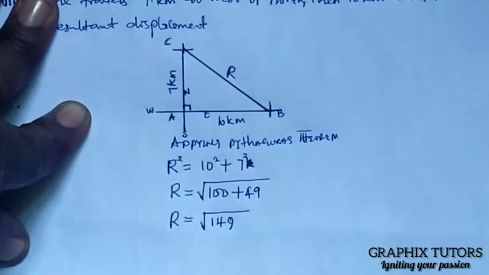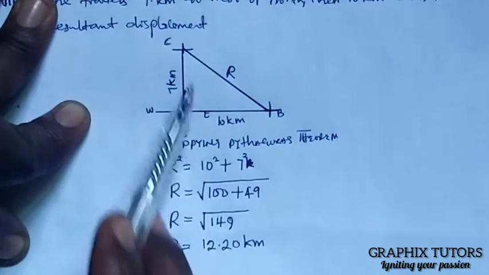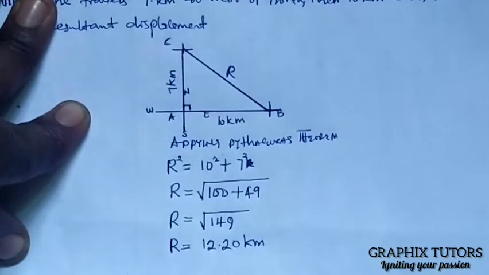The square root of 149 gives R equals 12.20 kilometers. Displacement is the distance traveled in a specified direction. So the distance he has traveled from here to here is R, that is about 12 kilometers.